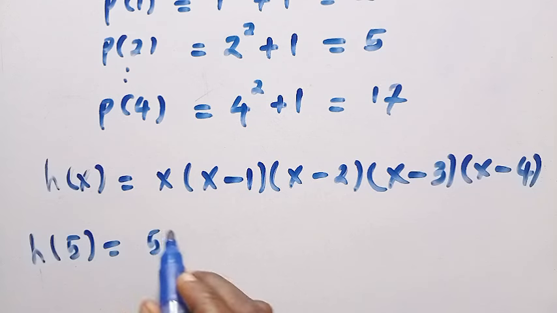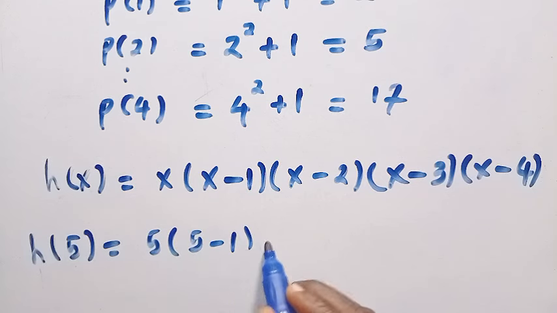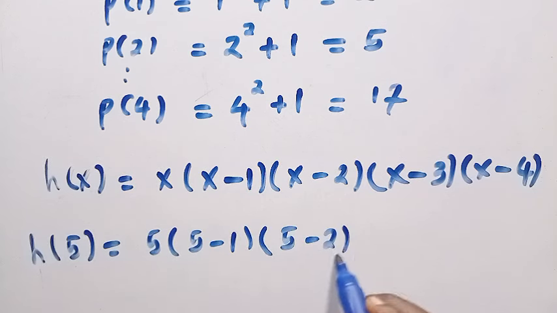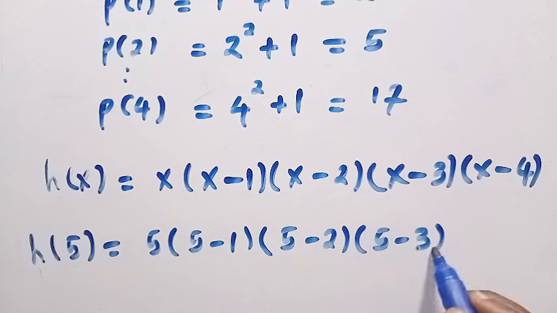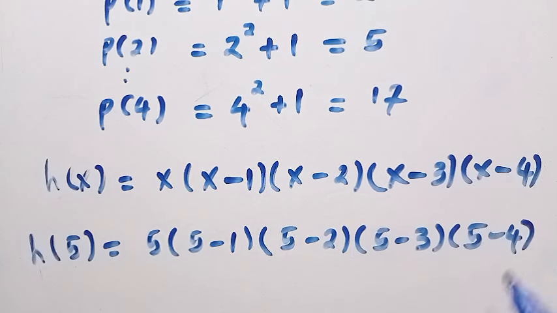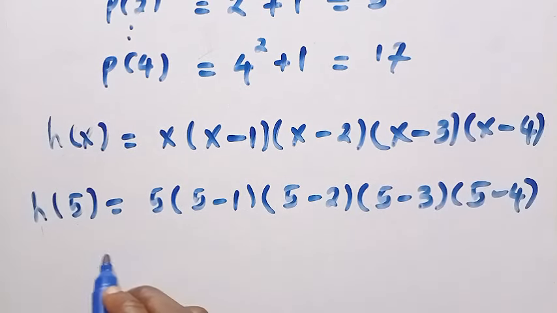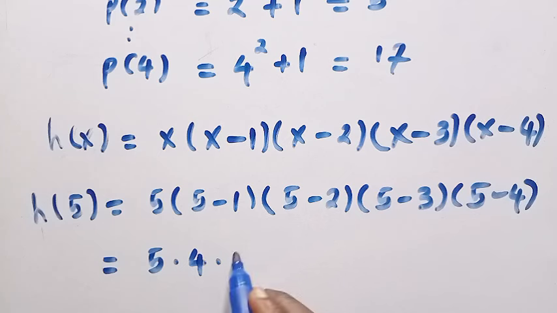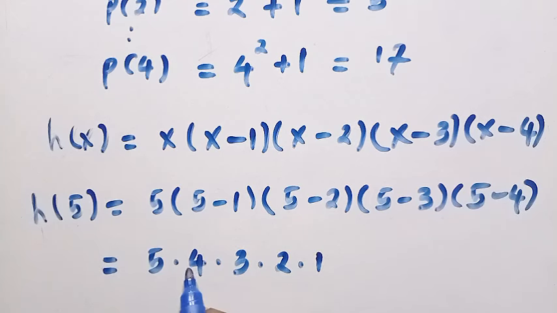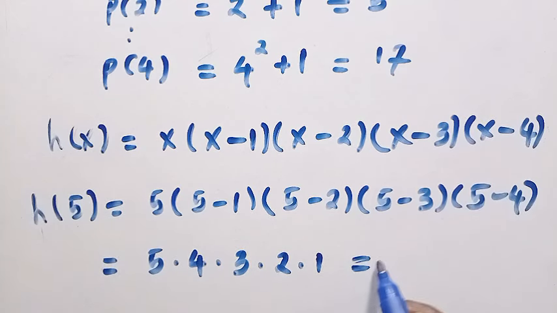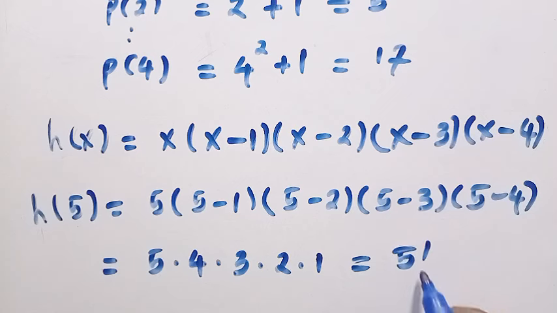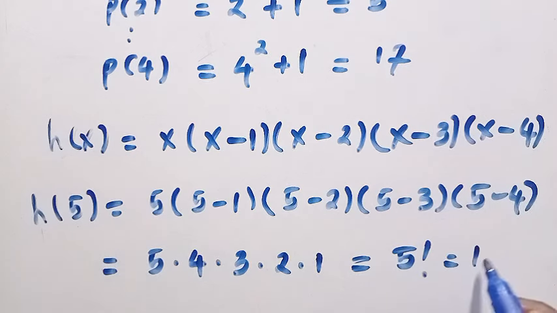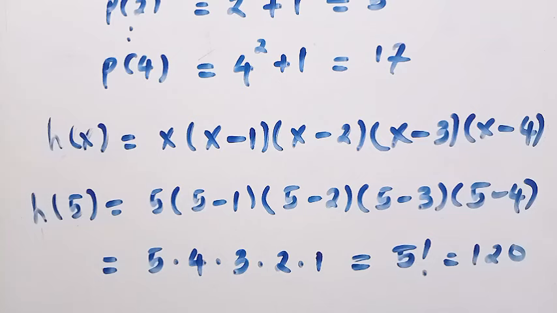This equals 5 multiplied by 5 minus 1, that is 4, multiplied by 5 minus 2, that is 3, multiplied by 5 minus 3, that is 2, multiplied by 5 minus 4, that is 1. Looking at this, 5 times 4 times 3 times 2 times 1 gives us 5 factorial, and 5 factorial equals 120.